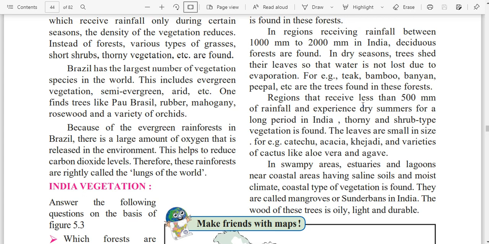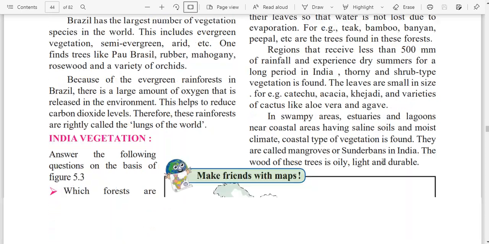In regions that receive less than 500 mm of rainfall and experience dry summers for a long period in India, thorny and shrub type vegetation is found. The leaves are small in size. For example, cachu, acacia, khejadi, and varieties of cactus like aloe vera and agave.